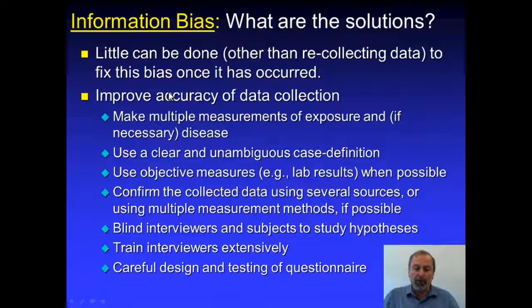At least blind the interviewers and the study participants to the study hypotheses. So even though we have to get informed consent, it may be that we can, with the agreement of the IRB, blur the study hypotheses to some extent. An example of that would be studies which we carry out in South Asia, India and Nepal, where we are interested in maybe women's stove use, what sort of stoves they used and for how long and so on, although we have a lot of other questions in the questionnaire.